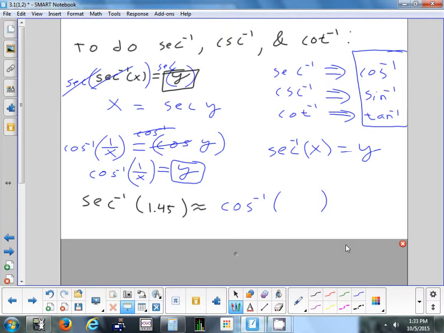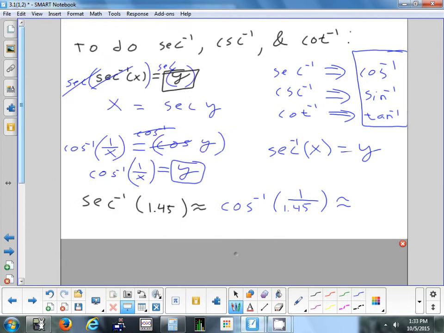What is that inside going to become? Yeah, you've got to flip what's inside. That's how you do it. So change the trig function to the one I just said, take what's inside and flip it, and now just type it in.